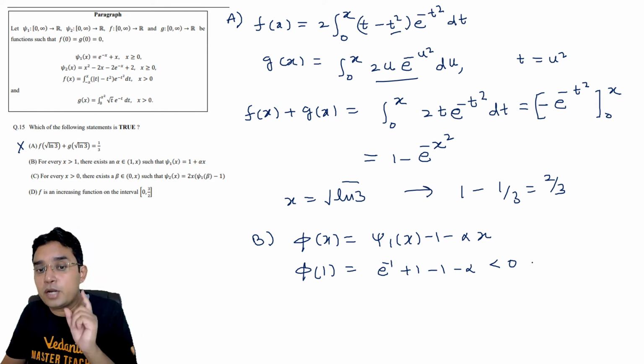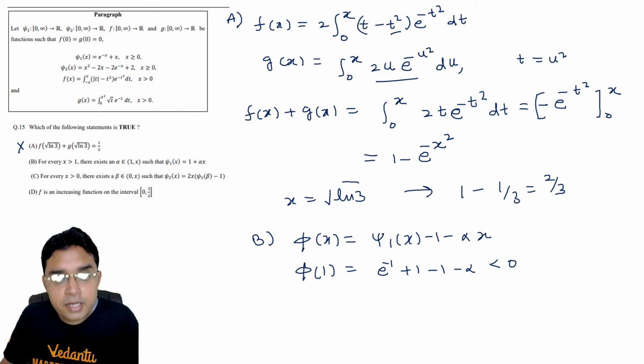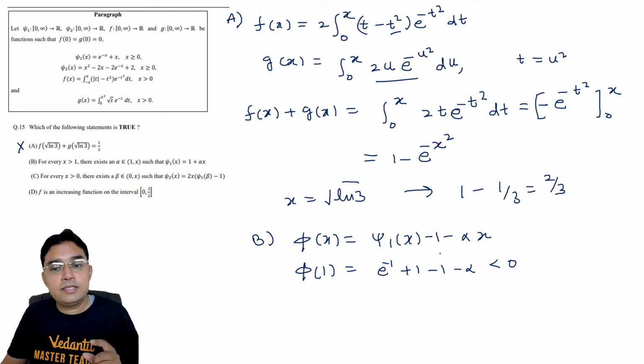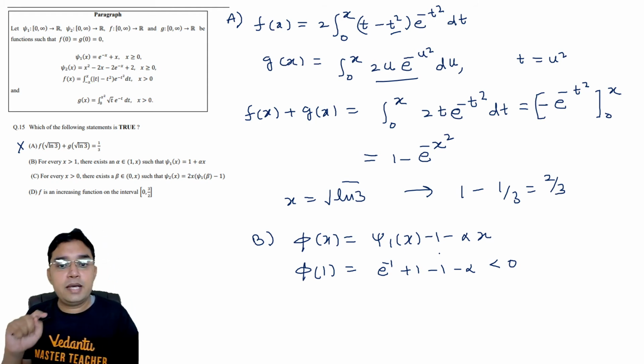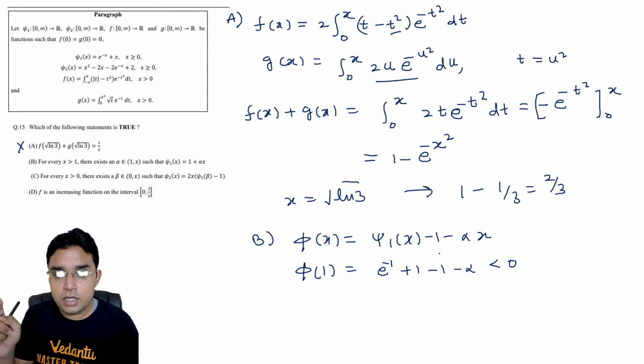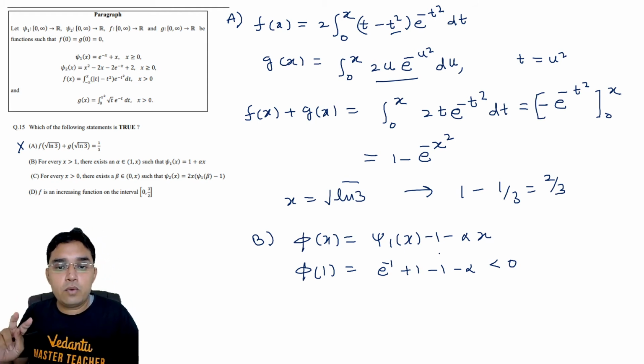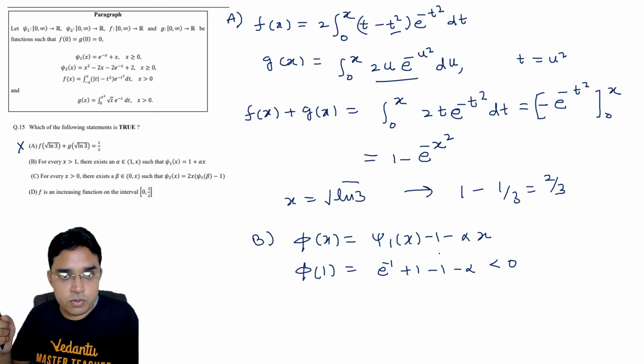Now one important thing: because phi(1) is negative and phi(x) is a continuous function, whatever path this phi(x) function goes, it cannot become equal to zero immediately after x equal to 1.